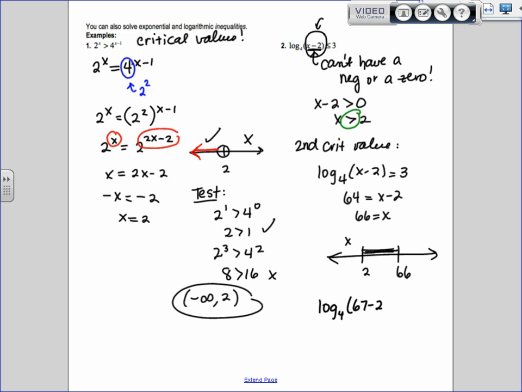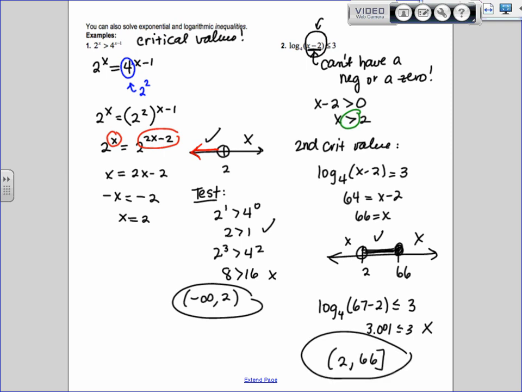If you do 67 minus 2, and you're seeing if it's less than or equal to 3, it works out to be like 3.01 or 3.001, I can't remember. And that doesn't work. But if you try anything in here, it does work. So then the very last thing, 66 is closed, but 2 is open because you couldn't have the log of 0. So that's your interval.